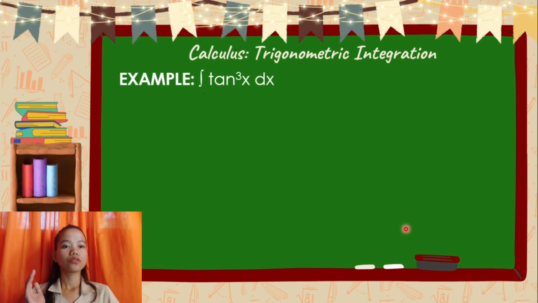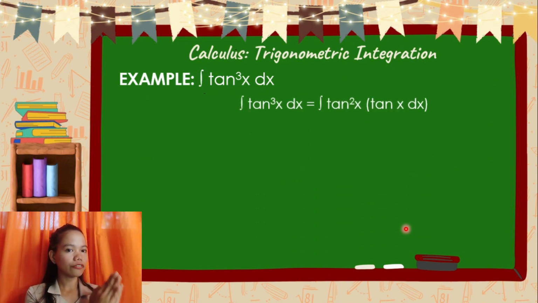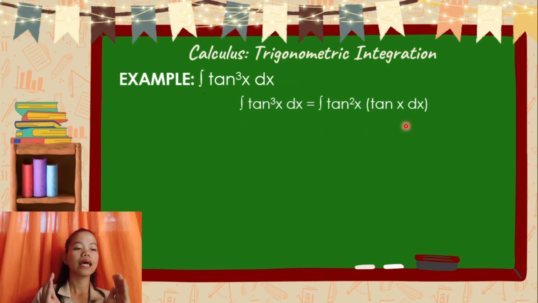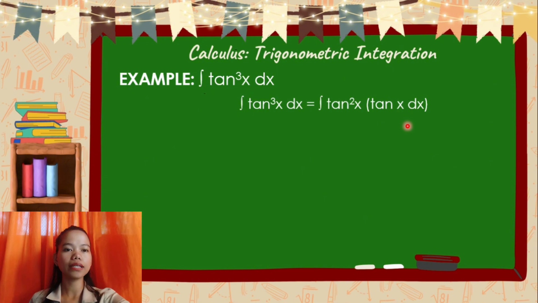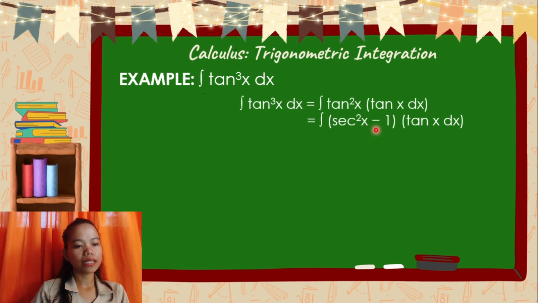To solve this one, we have to factor out the tan x from tangent cubed x dx. So what we have now is the integral of tangent squared of x multiplied by tangent x dx. Right after that, we apply the Pythagorean identity for tan squared of x, which is secant squared of x minus 1, and remain the tan x dx.